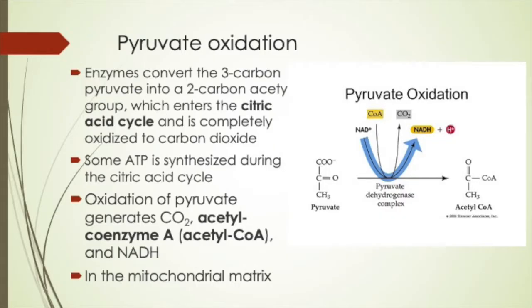After it converts into pyruvate, it can go into the mitochondrial matrix. Enzymes convert the 3-carbon pyruvate into a 2-carbon acetyl group. It basically adds a coenzyme A to that pyruvate and it's completely oxidized into carbon dioxide.